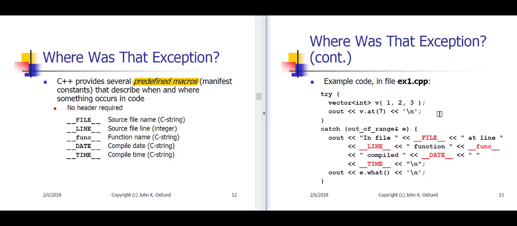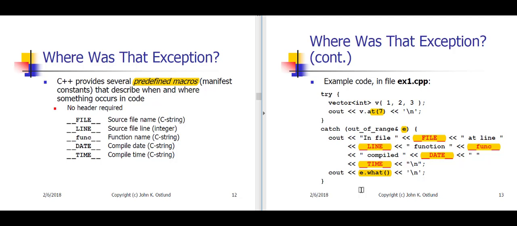Let's suppose that this is in a code file named ex1.cpp, so that when this out of range error is generated by calling the at member function with a bad subscript, the out of range exception is caught in this catch block, and we can display in file ex1.cpp at line, whatever this line number is in the file, in function, whatever function we're currently in, compiled on this particular date at this particular time, we have what happened.